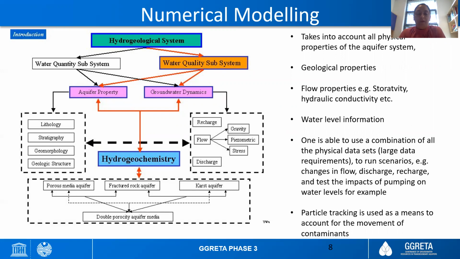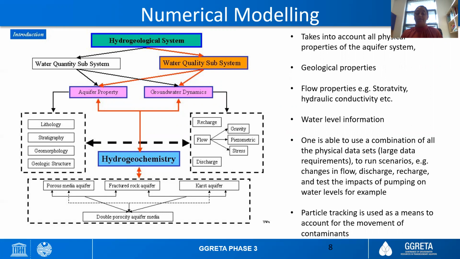So when we look at numerical modeling, it's quite complex and it takes into account all the physical properties of your aquifer system, your geological properties, your flow properties, your hydraulic properties, your water level information. You are able to use a combination of all the physical data sets.